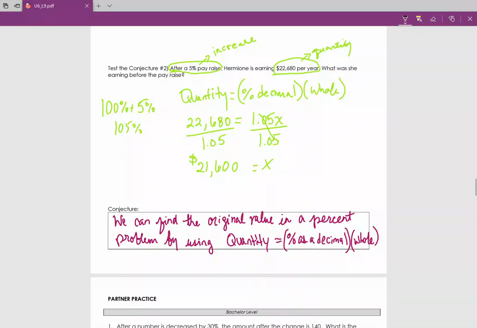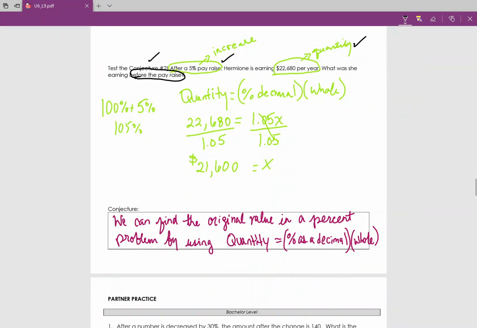So let's take a look at our criteria for success before we finish the packet. It says that for top quality work, the problem is annotated for the quantity, whole, and the percent change. So this is the increase, is the percent change. This is our quantity, and our whole is actually what we're solving for. So what was she earning before the pay raise?